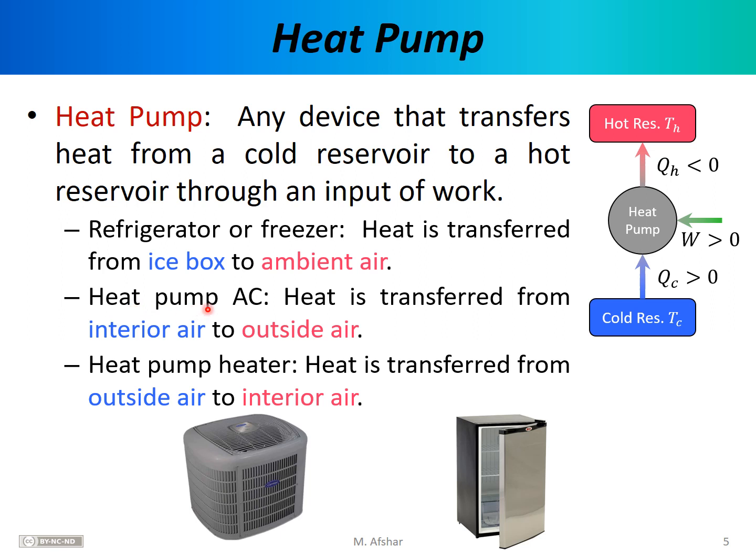So a heat pump that is used as an AC unit is basically taking thermal energy from inside your home and pumping it outside. So the interior of your home becomes a little bit cooler while the outside becomes a little bit warmer.